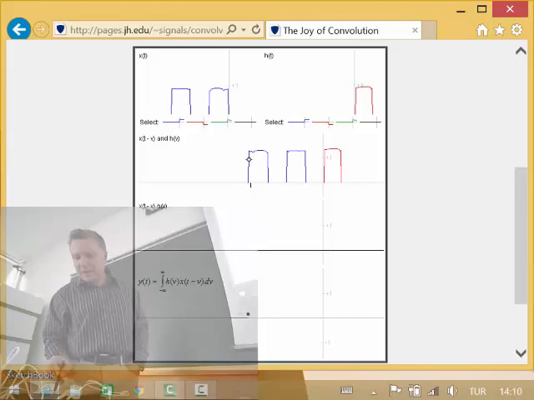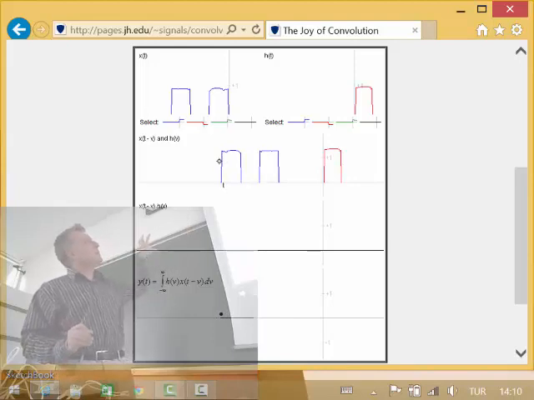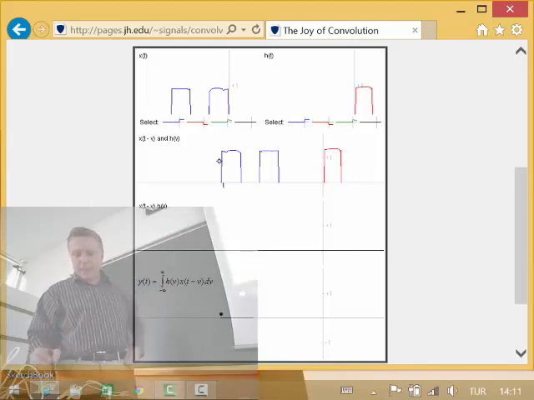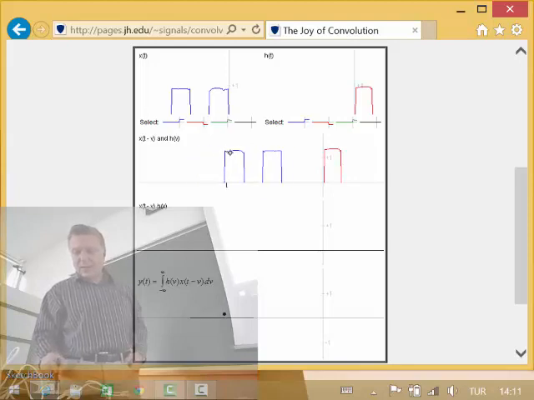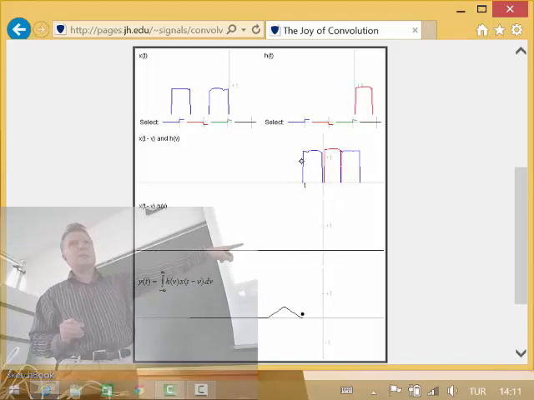Now, as you see, after flipping around, the one at the left part is flipped around towards the right hand side. So this comes here, and when I slide, that one will produce a triangle. Look at the triangle at the bottom.